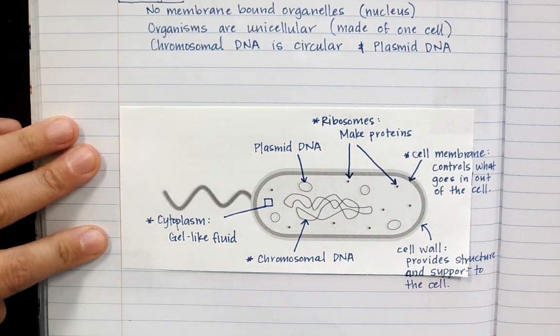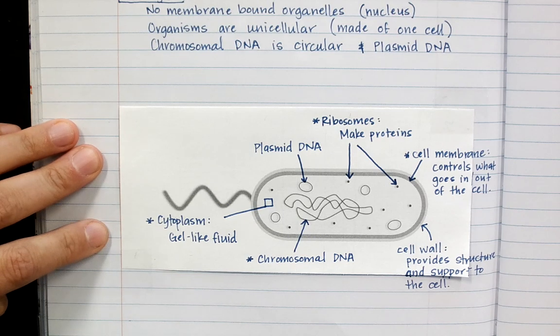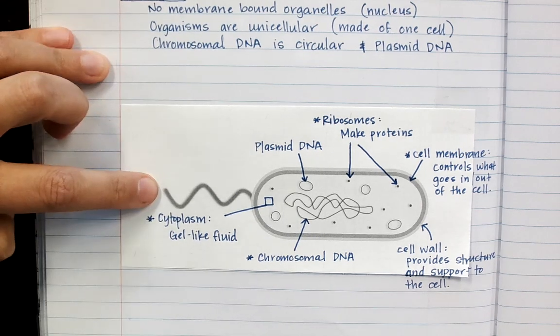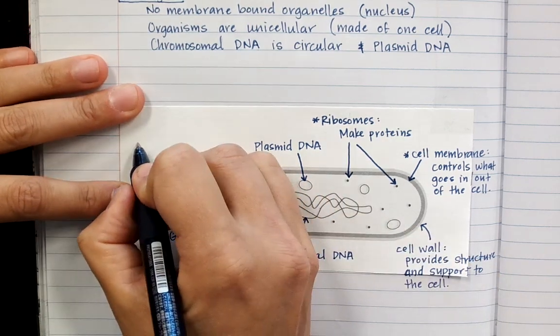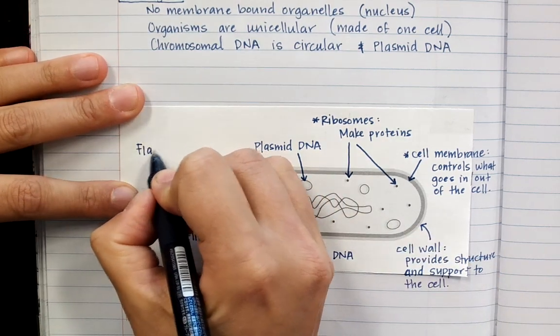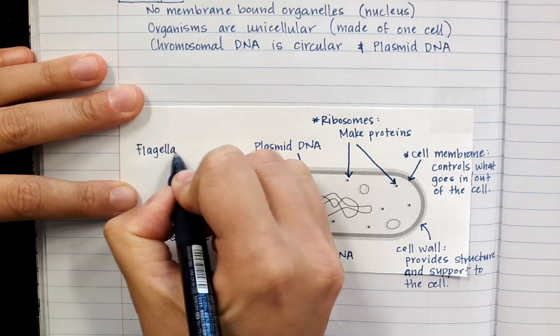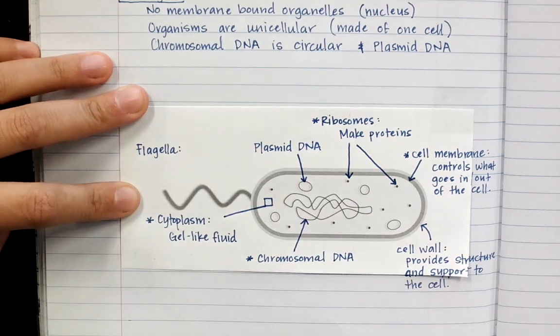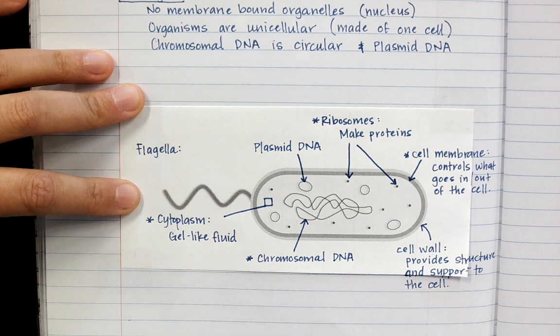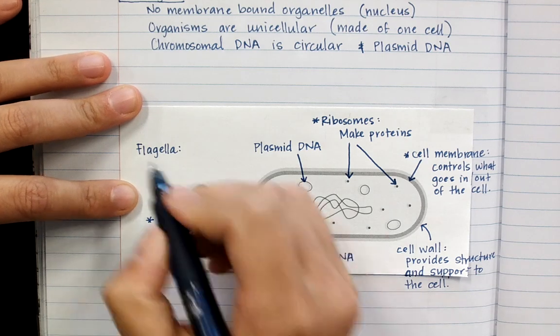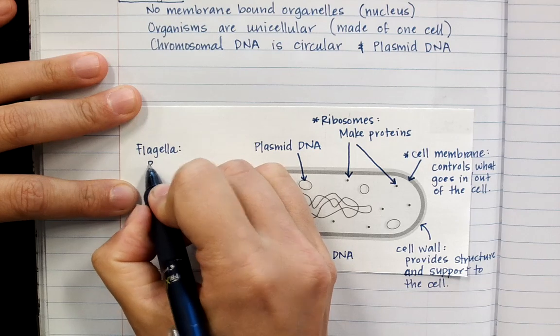So there's our cytoplasm. And last but not least, we have this tail thing. This tail thing is called a flagella. And the flagella is not found on all prokaryotes, but some prokaryotes do have it, and it provides locomotion.